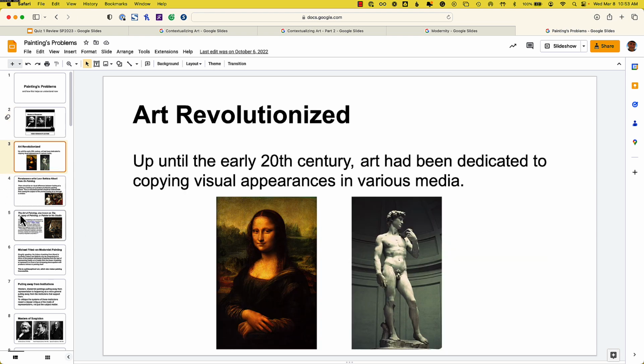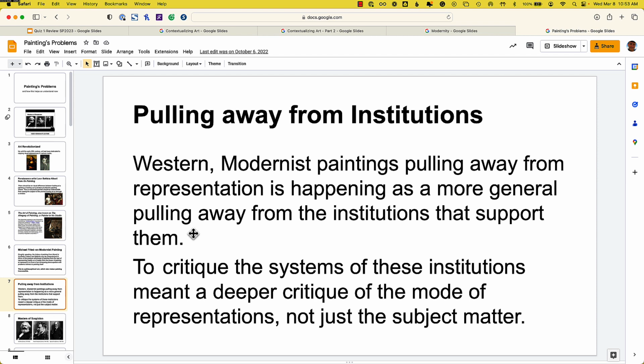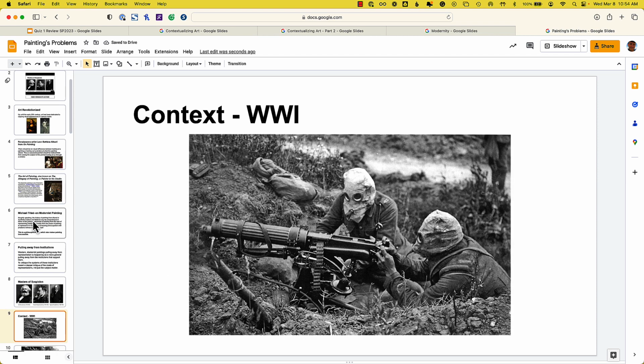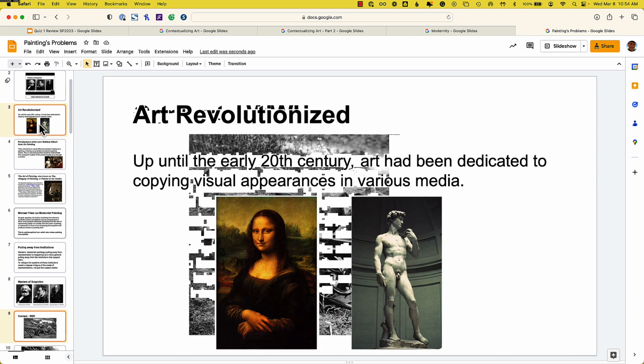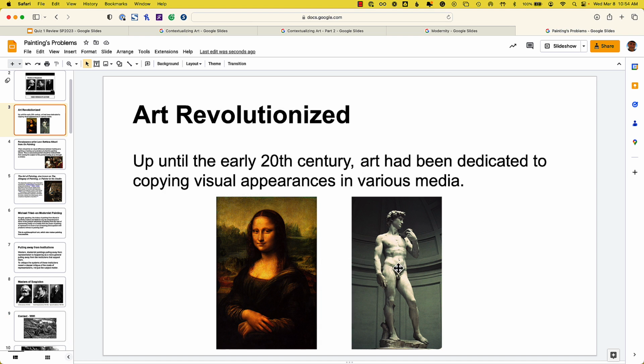Where prior to this, art, for example, especially painting, was in favor of trying to eradicate the idea that these were made by humans, so almost the human hand and the brushstrokes and the way these are made are obliterated in service of the illusion that you're looking at the thing itself.